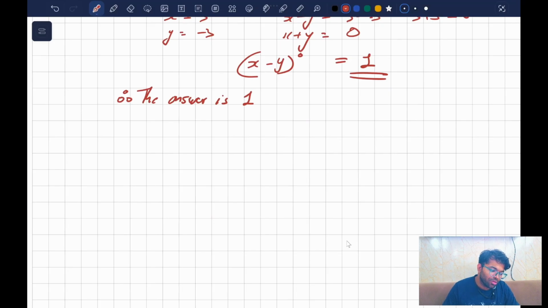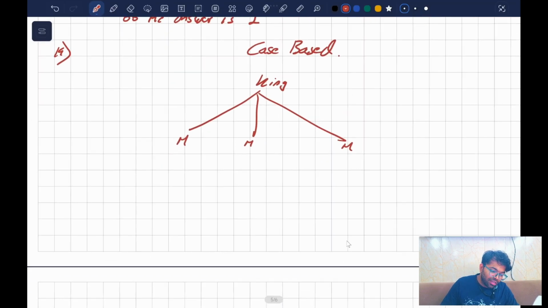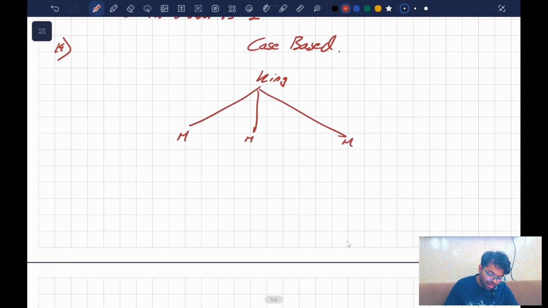He is giving to 3 different ministers in question 19. This is our case-based question. So the king is giving his gold coins to 3 ministers. Here is one minister, here is one minister, here is one minister. Each minister receives 3 large chests.